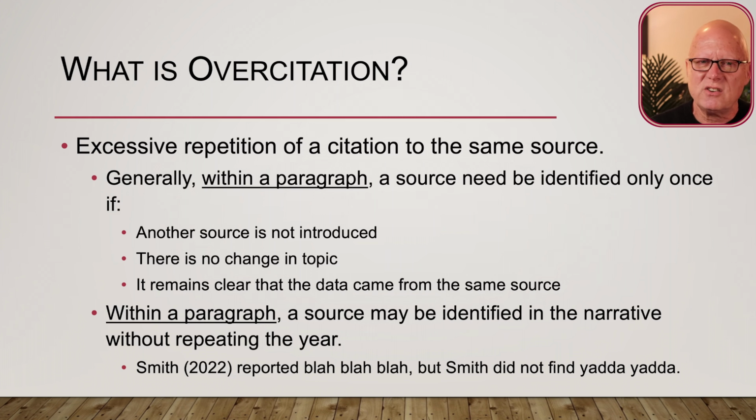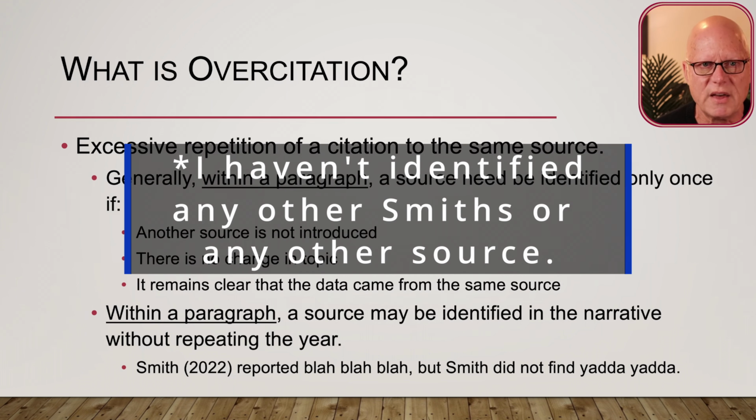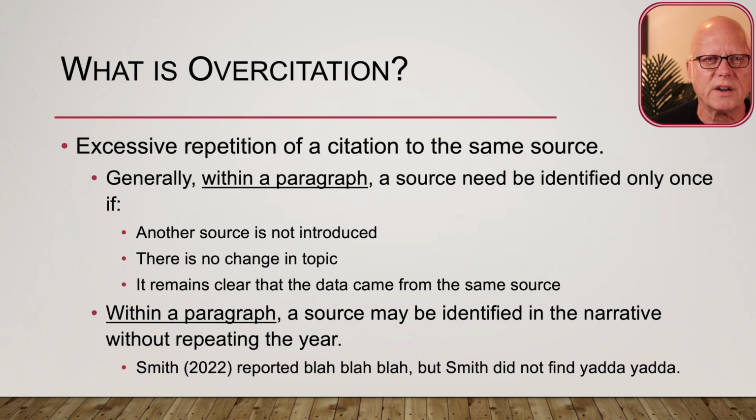It's that second use of Smith. Normally we would include the year of publication of Smith's work. But here, because it's clear to the reader that I'm referring to the same Smith, because it's within the same paragraph and I haven't identified any other Smiths, I need only one identification of the year of publication.